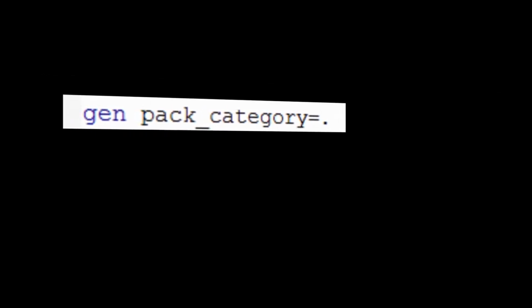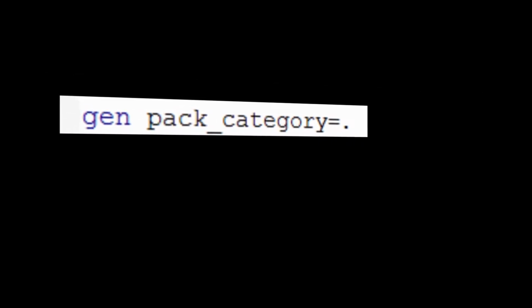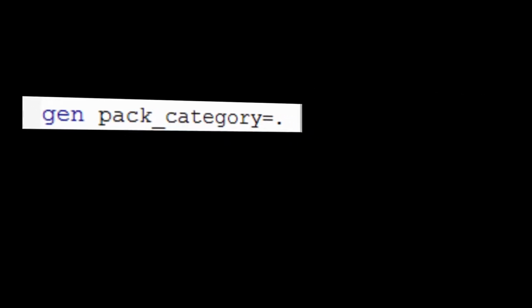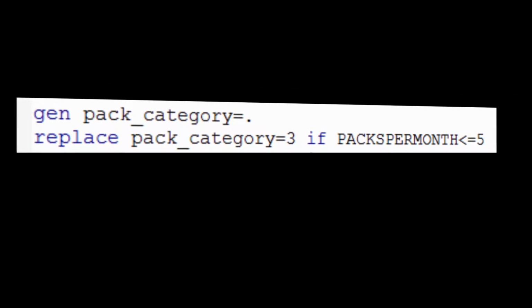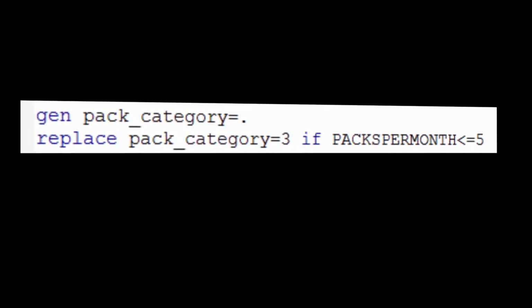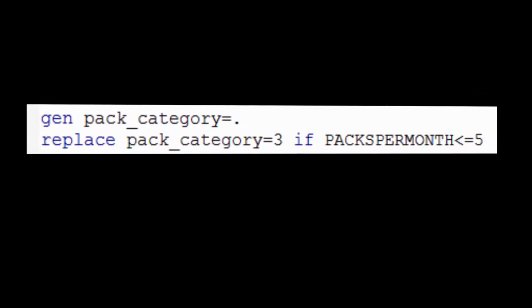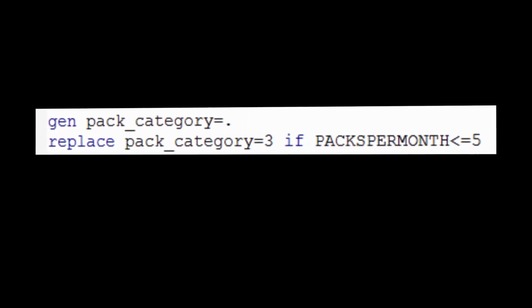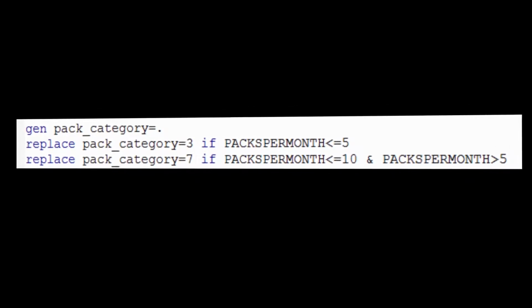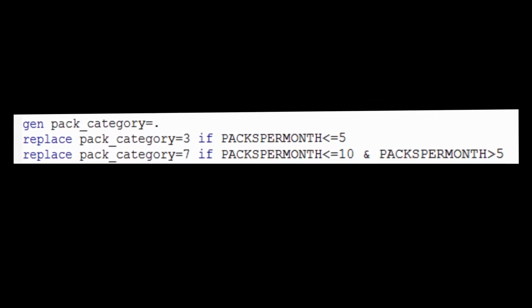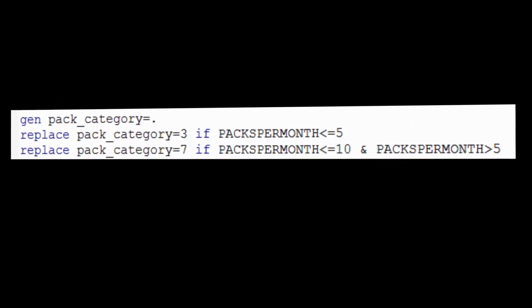First, we generate a new variable, pack underscore category equal dot. This tells Stata to create a new variable called pack category and set all observations in that variable to missing. Next, we tell Stata to set pack category, our new variable, equal to 3 if packs per month is less than or equal to 5. We chose 3 because it's roughly the quantitative midpoint for this category. Pack category equals 7, again roughly the midpoint, if packs per month is less than or equal to 10 and greater than 5.